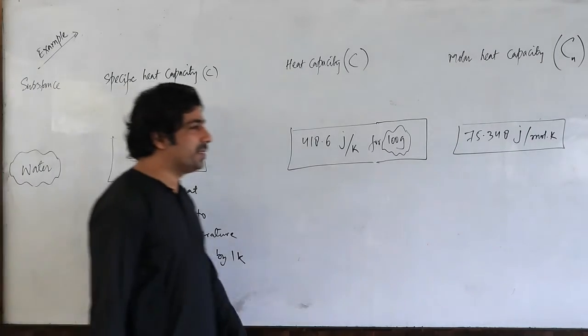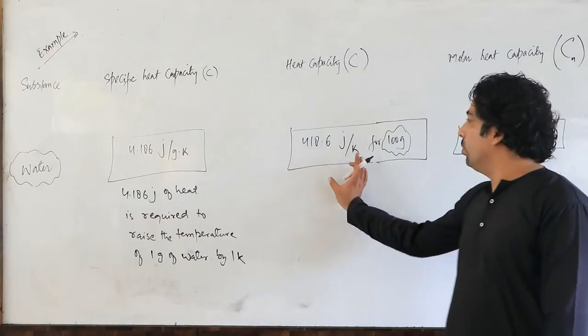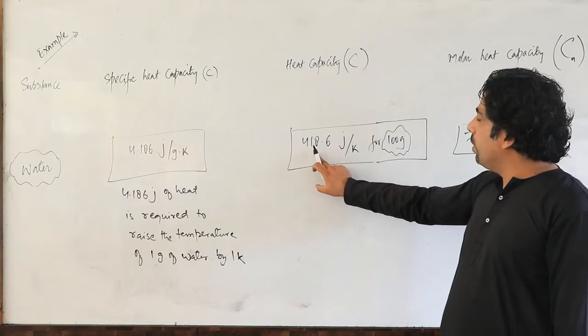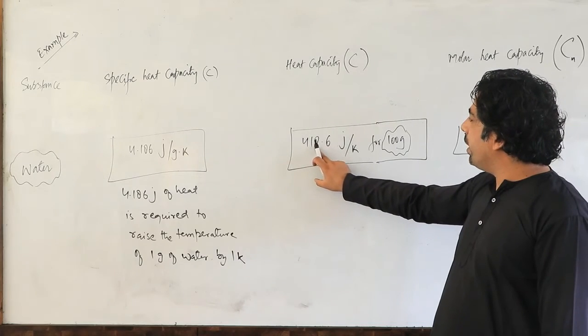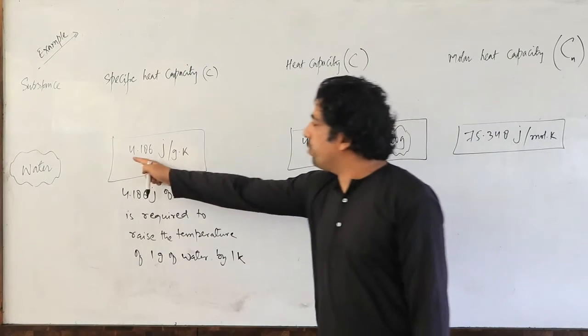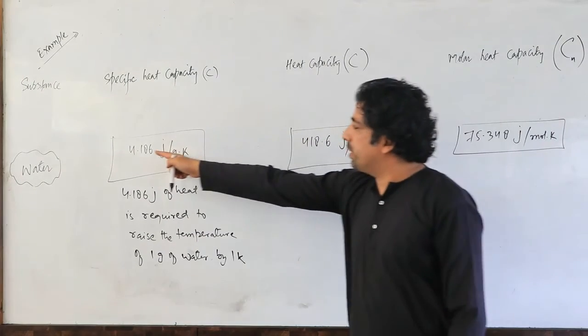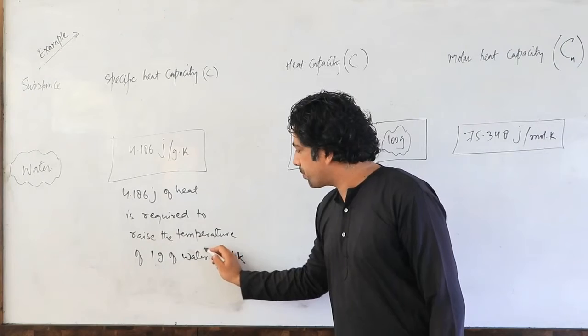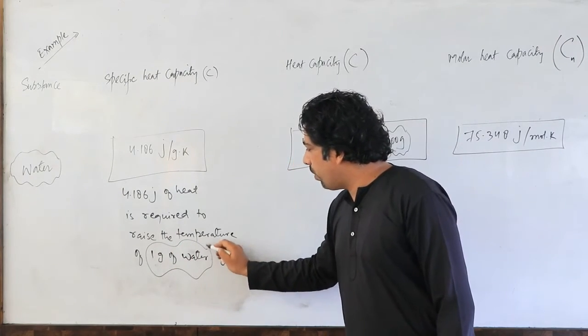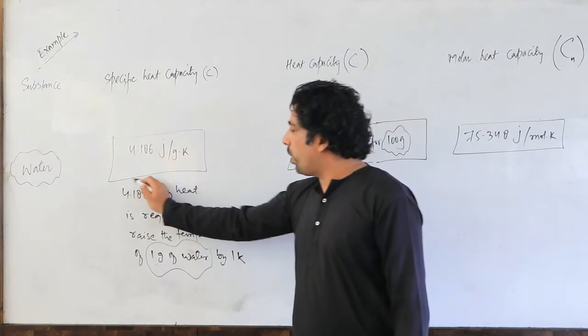Now my dear friends, here in this example, you have a look, it is 418.6. This was 4.186. So actually what I have done, I have taken 100 grams. For 1 gram of water, 4.186 joules is required.